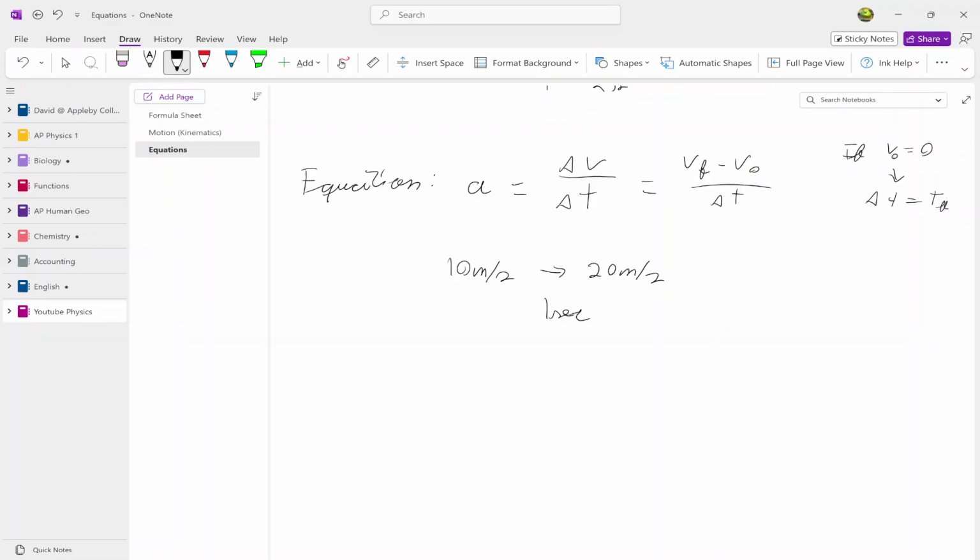So let's plug it into the equation. a equals, this is my v0, this is my v final, over change in t. Oh, this started at 0 seconds. I should state that: at 0 seconds, I was running at 10 meters per second.